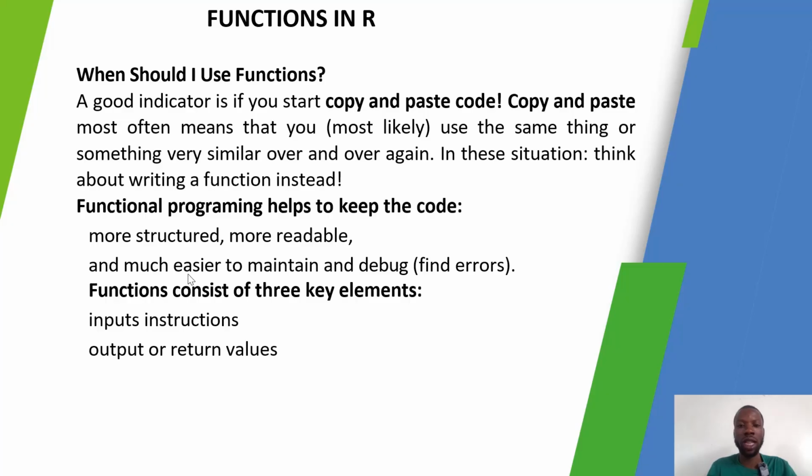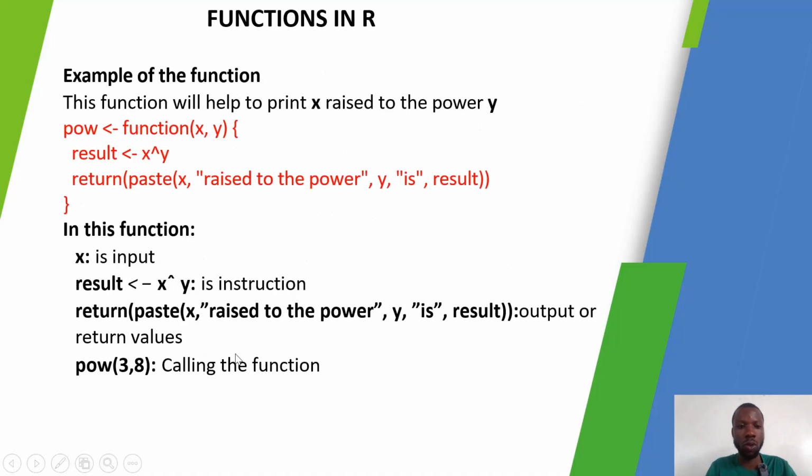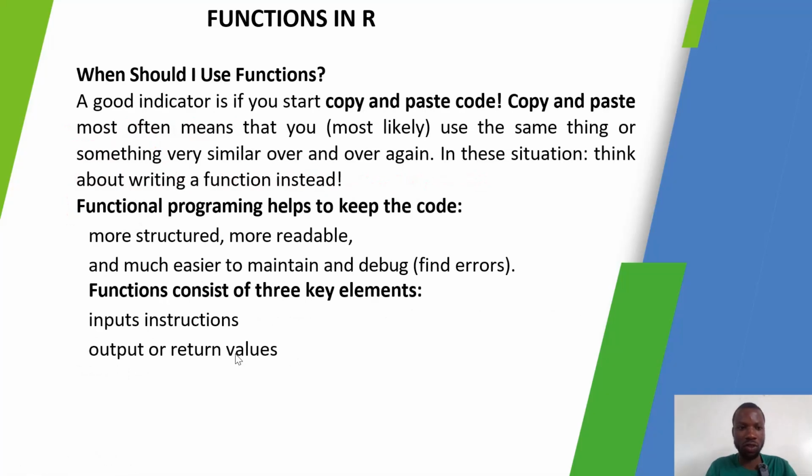If you know where the error is, it is easier to look for it. And a function consists of elements: input, instruction, output, and return value. As I said, we have input, instruction. Let's say we are going to make a function for the area of a triangle.